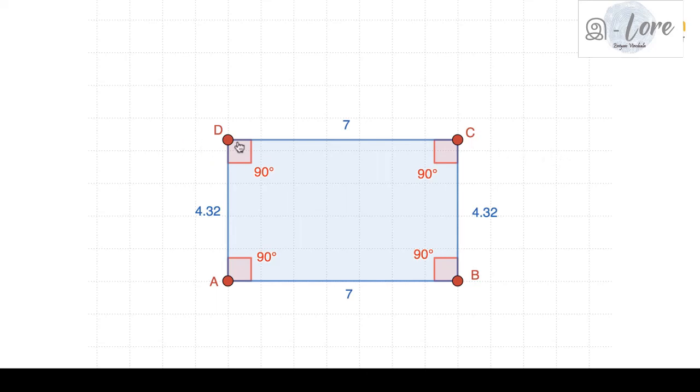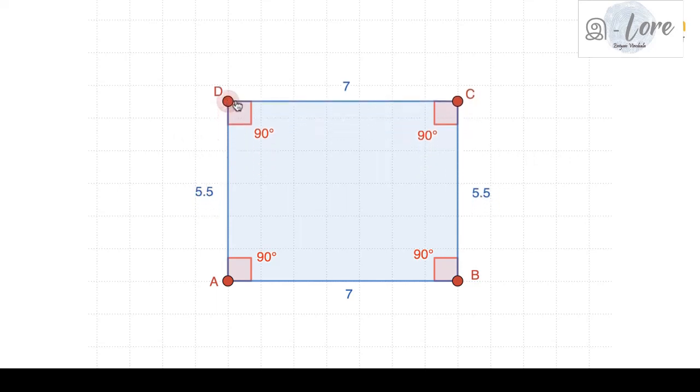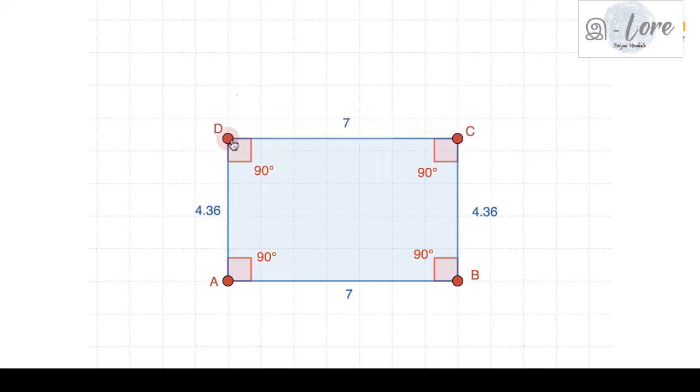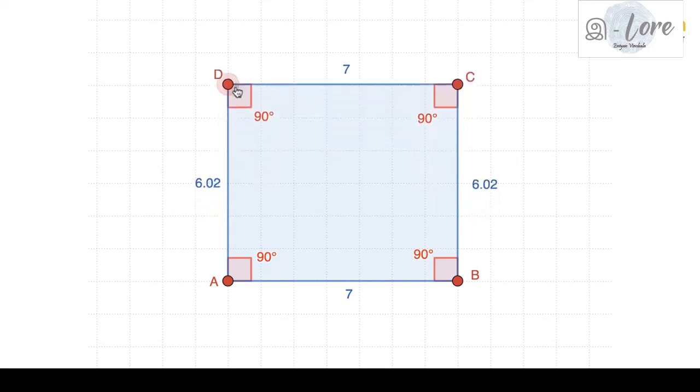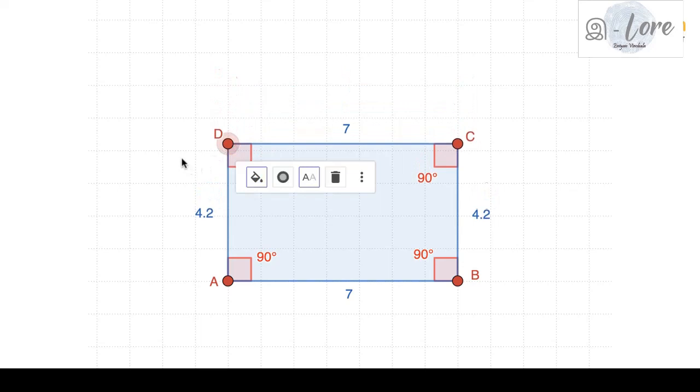Now let me move around the vertex D, and as I do this, observe that the 4 angles all stay equal to 90 degrees, so the quadrilateral is always a rectangle. So quadrilaterals which have 4 right angles are all rectangles, but there's also a special kind of rectangles in which the adjacent sides are equal.